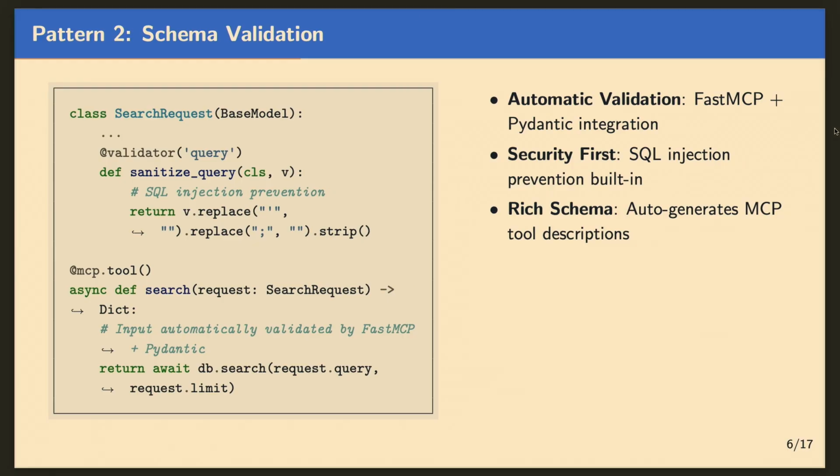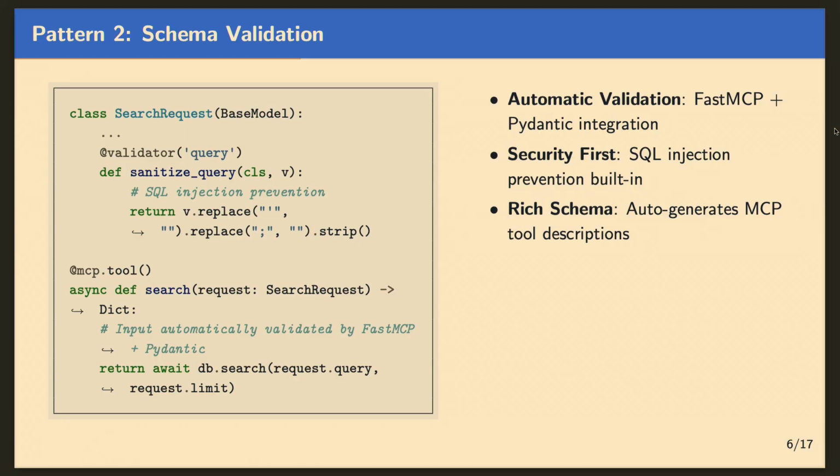Right. Talking about schema validation, that's coming as a first-class citizen from FastMCP with Pydantic. What that helps you do is say what I want to validate, and always validate user input, so never trust it. Here is a small snippet showing that a search request comes in, I want to sanitize that query, and that is what is being fed.